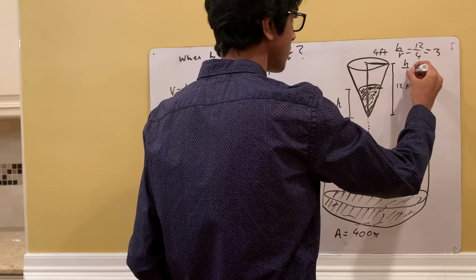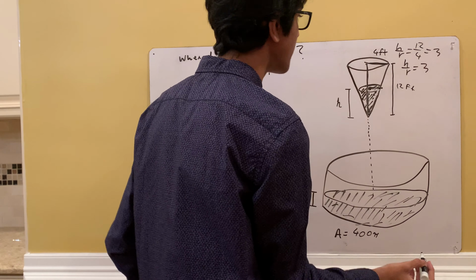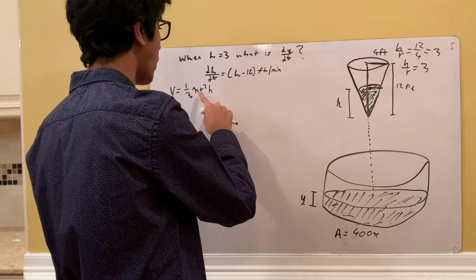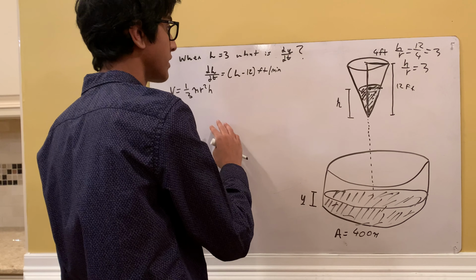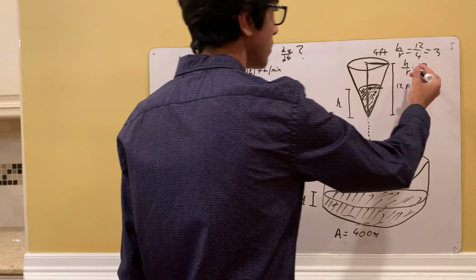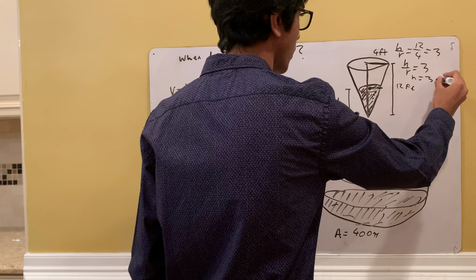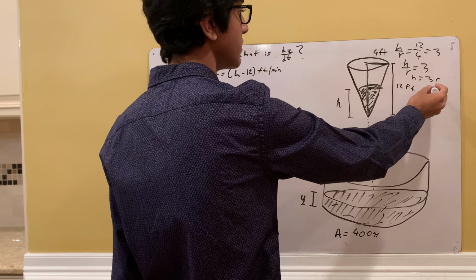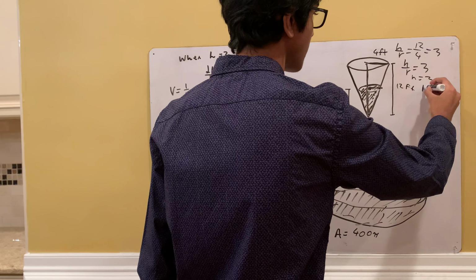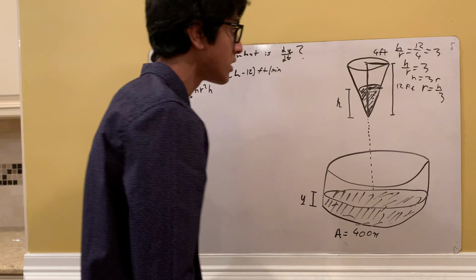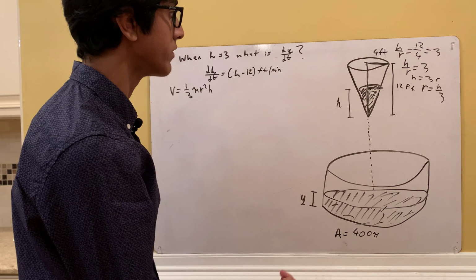Now we want to solve for r, because that's what we're going to be replacing, and put it in terms of h. Let's multiply each side by r, so we get h is equal to 3r. Now if we divide both sides by 3, we get r is equal to h over 3. Alright, so we have r in terms of h now.